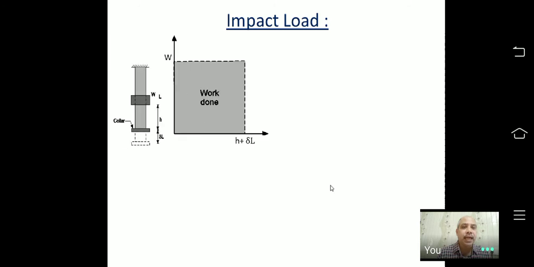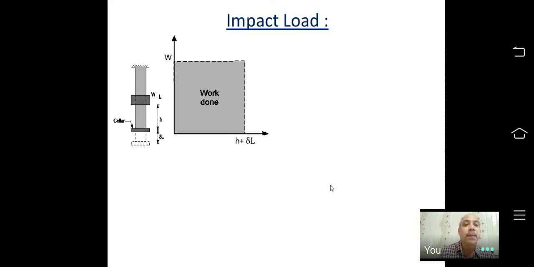Now we will go to the next, that is the last load, which is impact load. Now you can see here we are going to release a weight from some height. You can see in the diagram, that is from height H. So this is from height H, and it will develop deformation delta L. Then what will be my work done due to weight W?